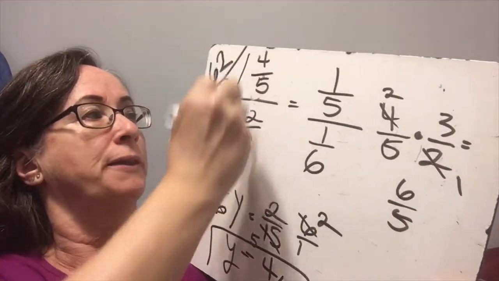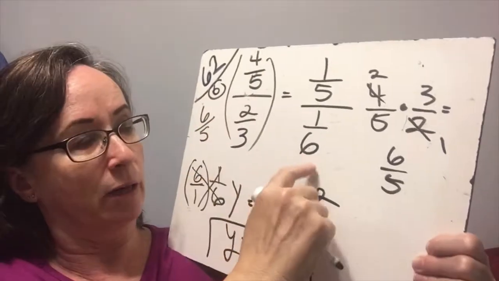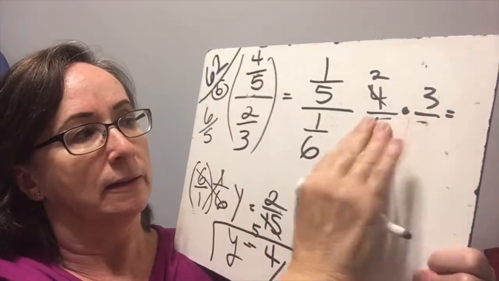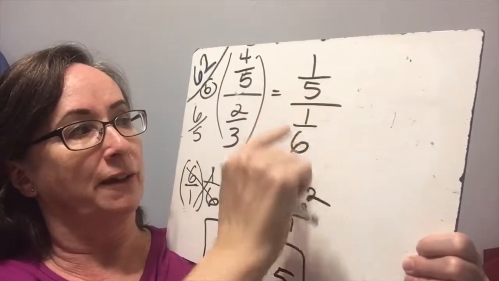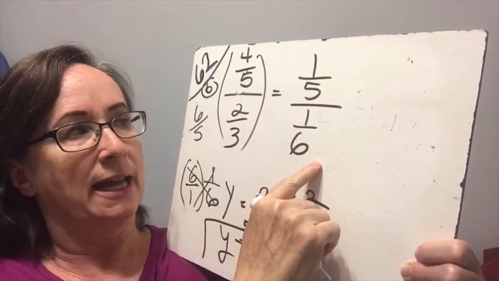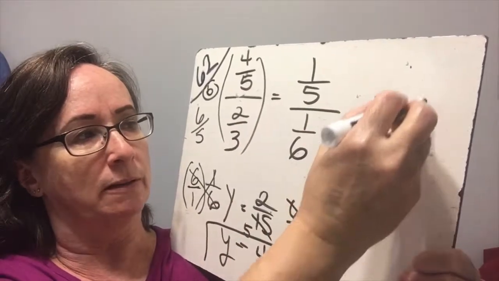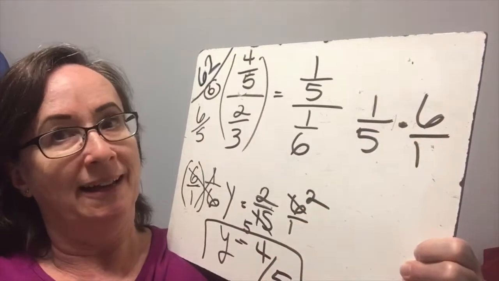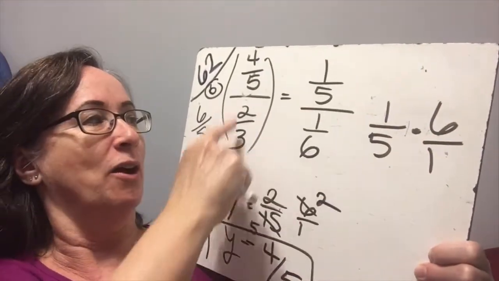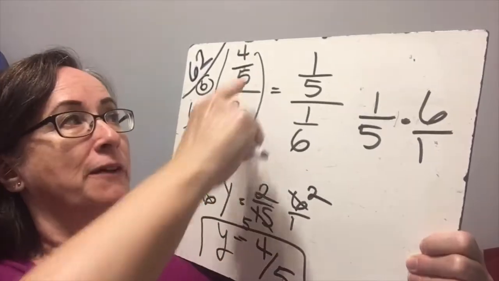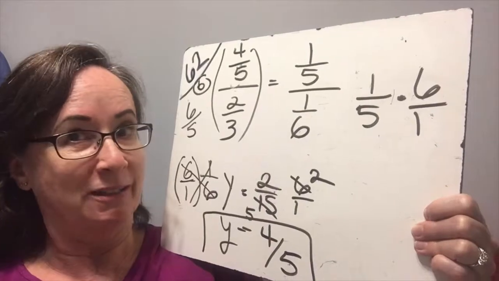So this whole thing right here is 6/5. So now we're going to go over here, and we're going to look at 1/5 divided by 1/6, which is the same thing as 1/5 times the reciprocal, which is 6/1. And guess what I get? 6/5, 6/5. So my answer, 4/5, did make the proportion true.